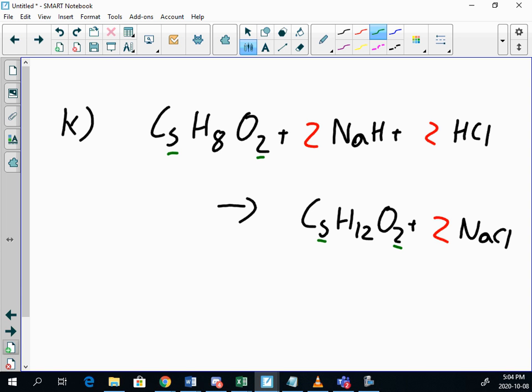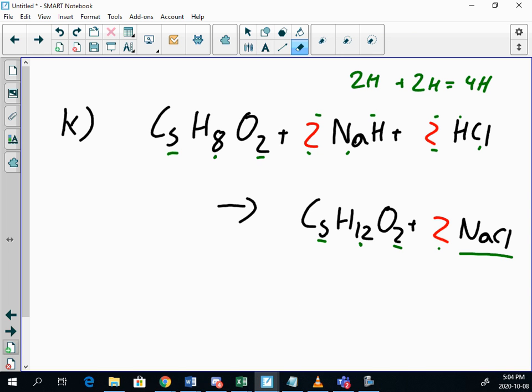So all I really needed to do was go from 8 to 12 hydrogens, which means I needed to add 4 hydrogens. 2 groups of 2 hydrogen here, plus 2 groups of 2 hydrogen here are the 4 hydrogen I needed to add, and then 2 sodiums and 2 chlorines give me 2 sodium chloride. So kind of a cheeky one at the end there, where the numbers were a lot smaller, and although it looked like a beast, it really wasn't.